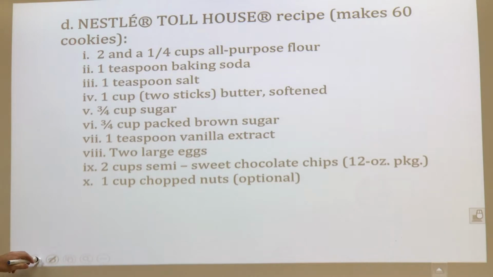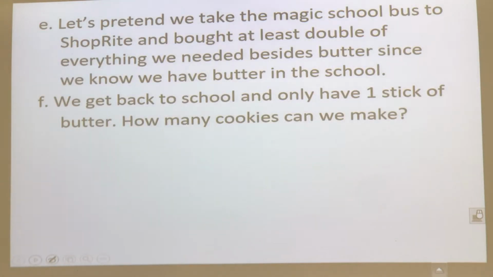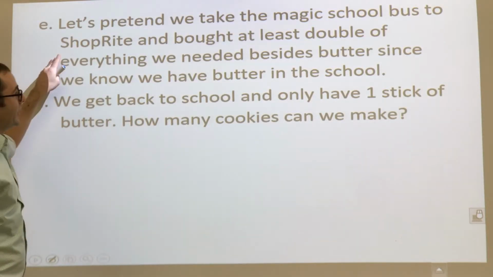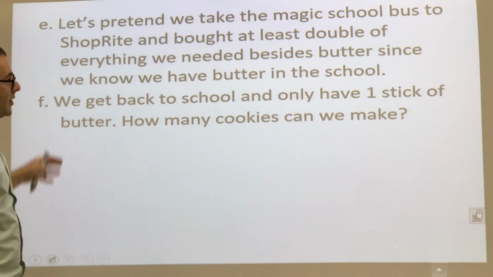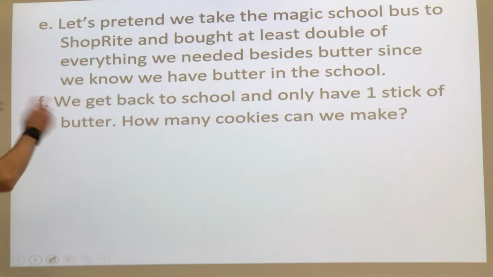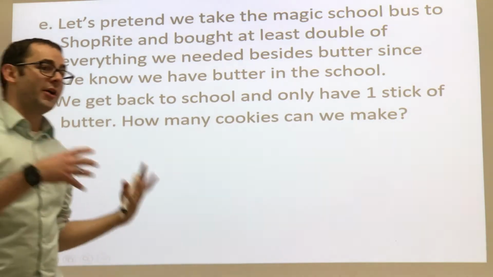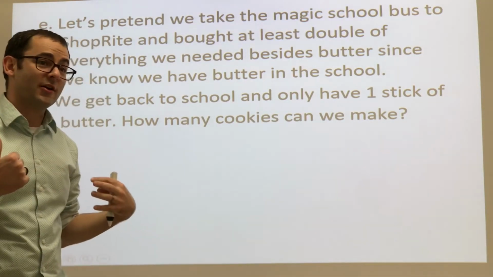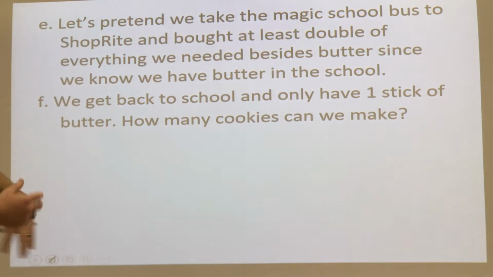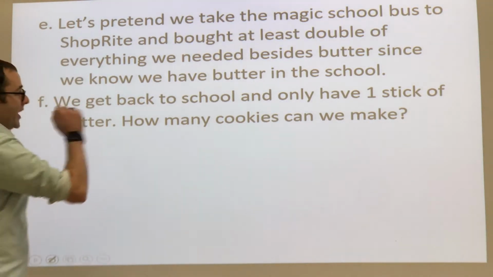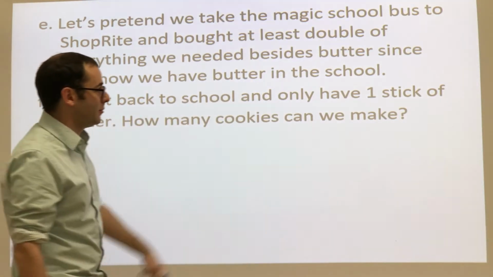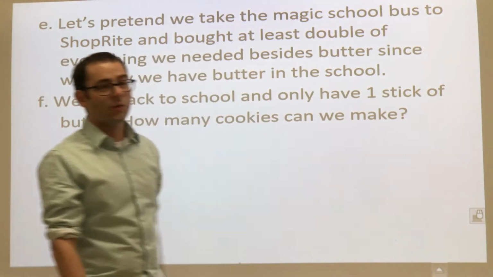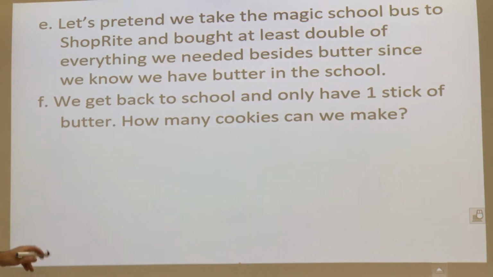So let's continue. Let's pretend we take the magic school bus to ShopRite and we bought at least double of everything we needed besides butter, since we know there's a big thing of butter in Mr. O'Neill's refrigerator, all right? So he's got all this butter. We know it's there. We get back to school though, and then we found out Mr. O'Neill ate all the butter. There's only one stick of butter left over, all right?